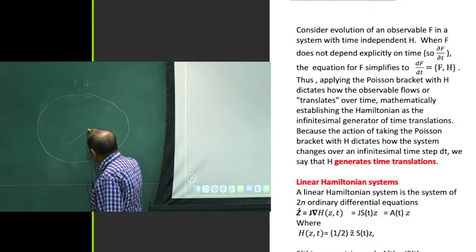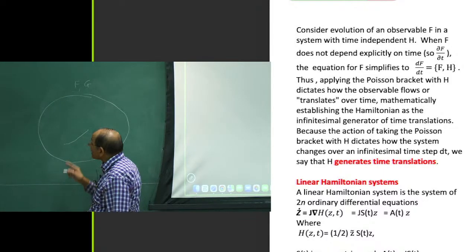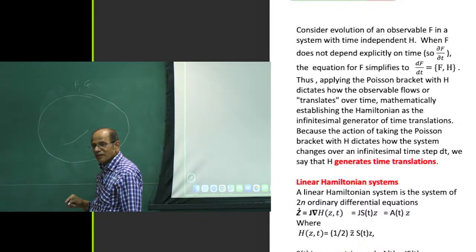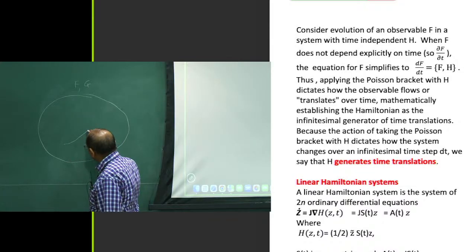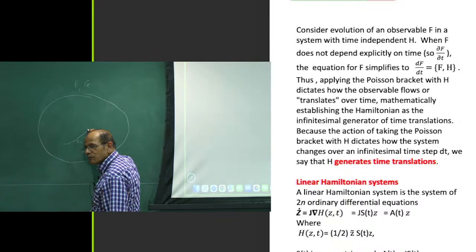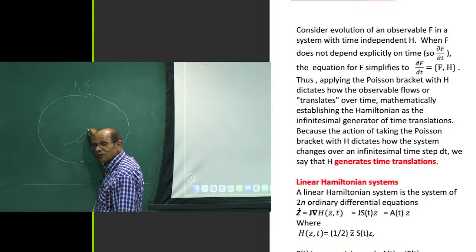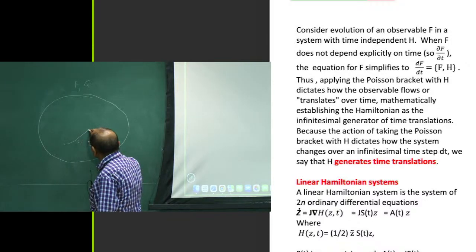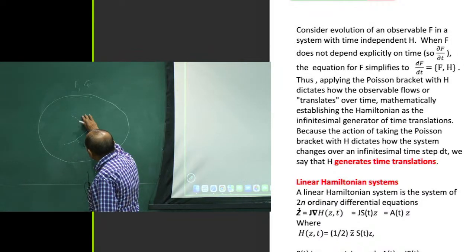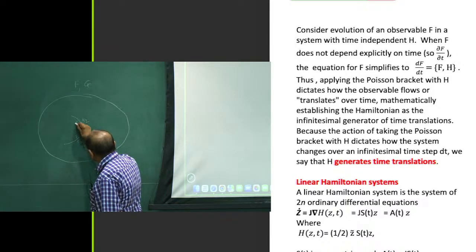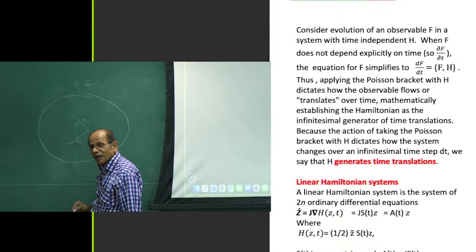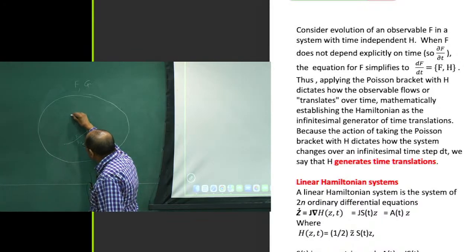Suppose I come from here to here. Then I consider g, and then from that point, let us say this for time t1, and then from that point, I consider now the Hamiltonian to be g, and then evolve for time t2. This is first Hamiltonian f and this is Hamiltonian g, according to that. I will come at some point.